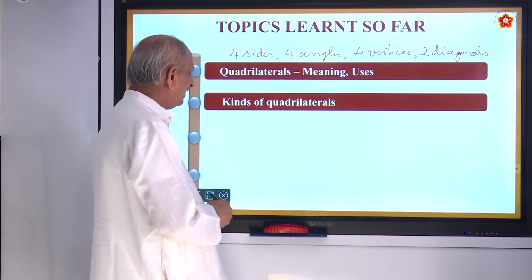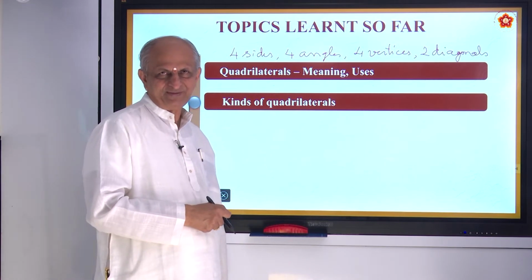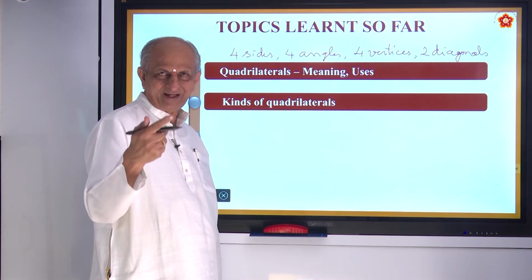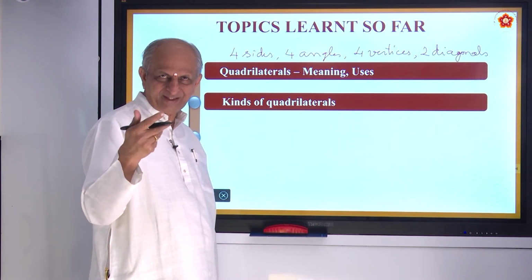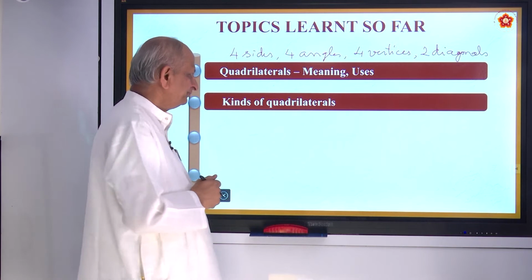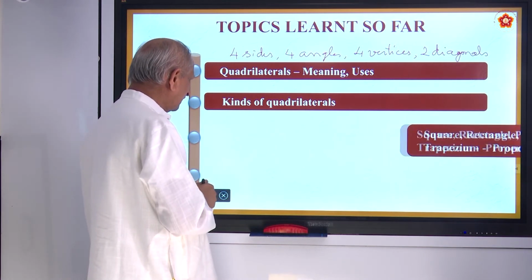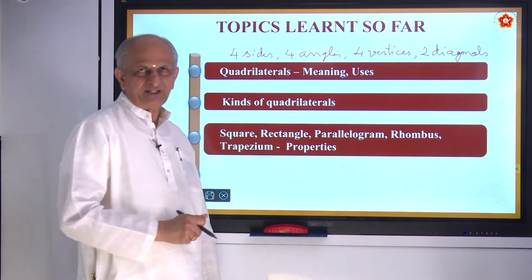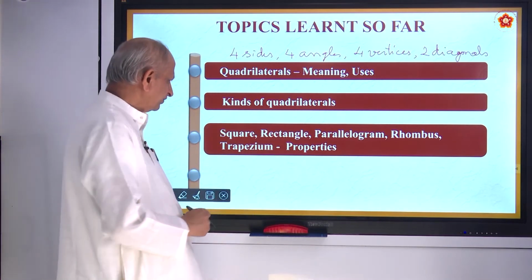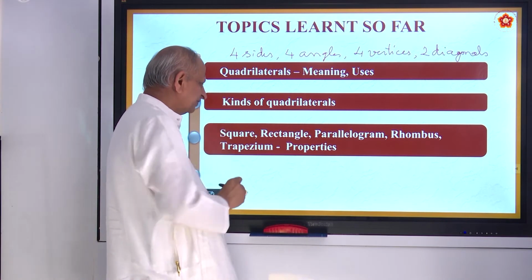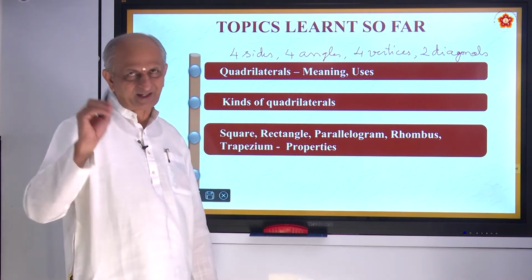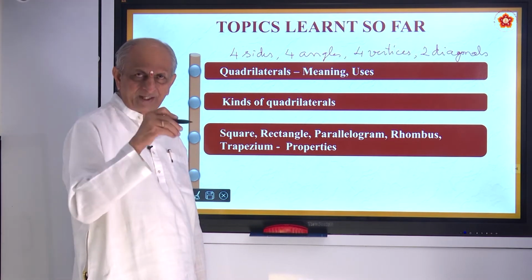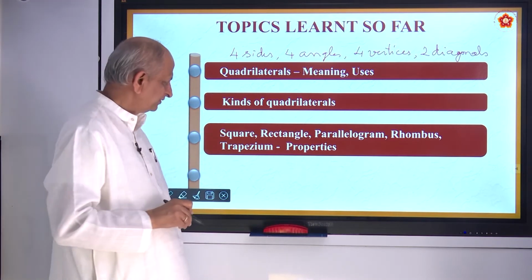So, kinds of quadrilaterals we discussed yesterday. Come on, fast. Square, rectangle, parallelogram, rhombus, trapezium. They are the different kinds of quadrilaterals. And their properties also. In a square, it is called equiangular and equilateral. All the sides are equal, all the angles are equal, 2 diagonals bisect each other at right angles.